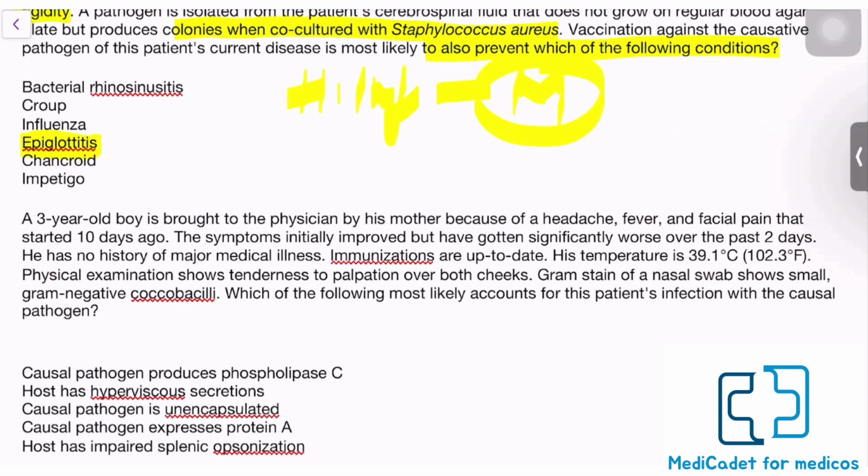Don't get confused. The strain that causes meningitis is definitely capsulated. That's why you have developed a vaccine against the capsule. All the strains that cause the mucosal infections are not capsulated, but few strains that cause epiglottitis are capsulated. So the vaccine can sometimes prevent epiglottitis, but not 100% sure. Clear? So try to answer this question as well.